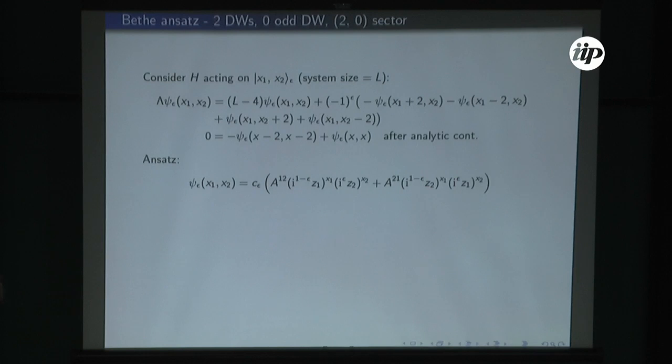The main thing is that you have an overall amplitude, but you have two amplitudes. And you have the two Bethe roots, z1 and z2. There is some i to the whatever phase factor, but it's not important. Then you have the two coordinates, and you have both permutations. So this is described here.